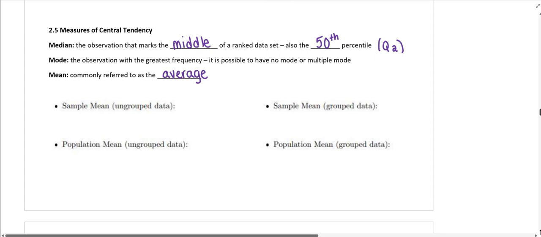So when we look at our data, we have grouped and ungrouped data, and then we have a sample and a population. So just some symbolism here for your sample. A sample mean is symbolized by an X with a line over it, which we call X bar.